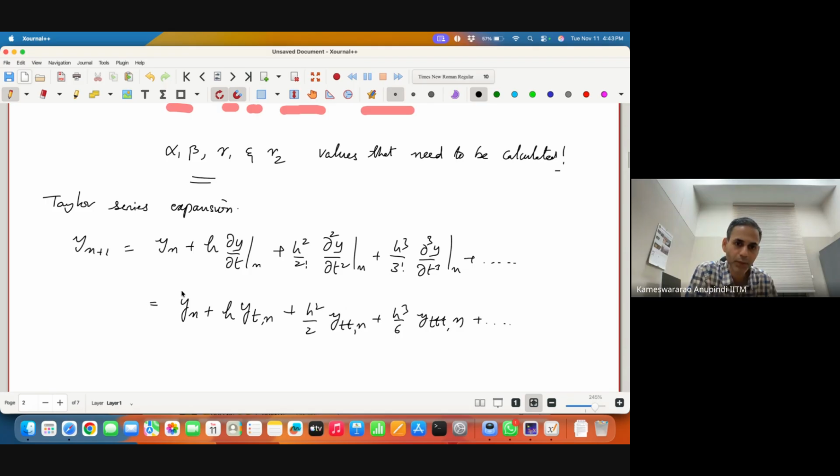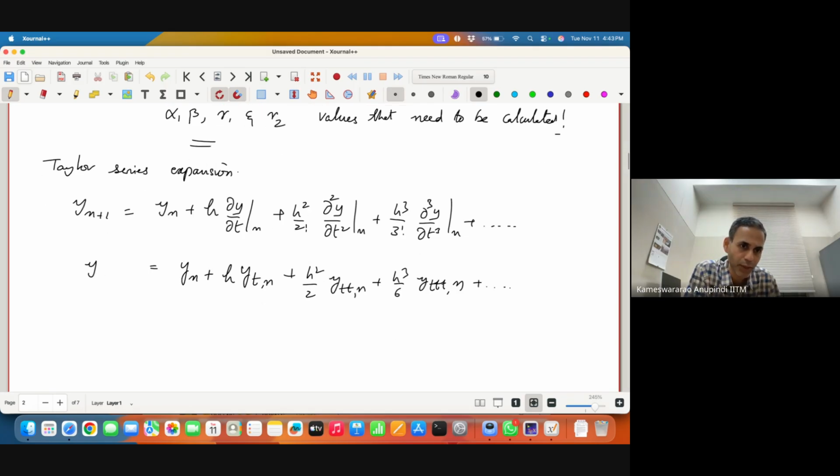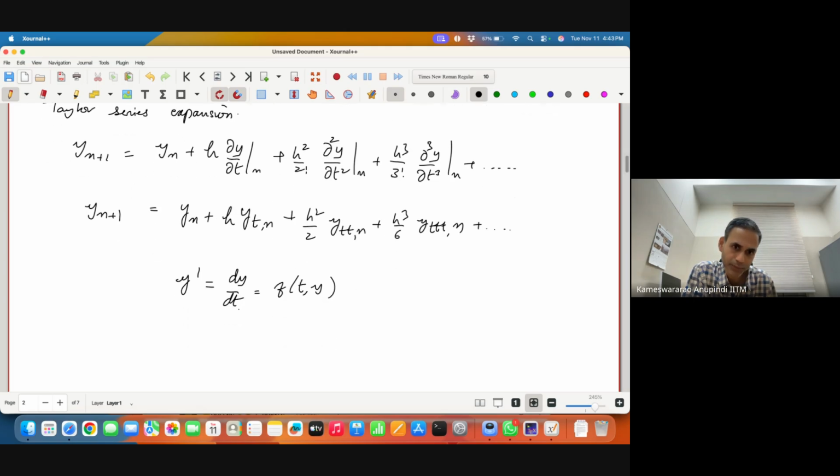Okay, then we know from the definition of the given problem, where y prime equals dy by dt equals f of t comma y, that dy dt, which is equal to yt, is f of t comma y, right? That means I can write this yt at n as f of tn comma yn, right?